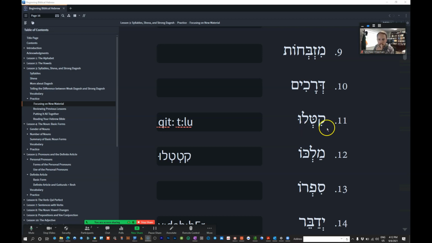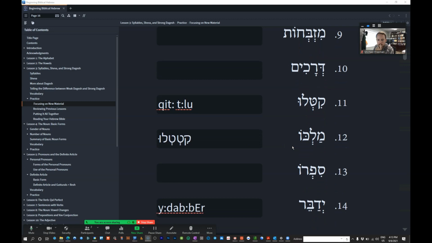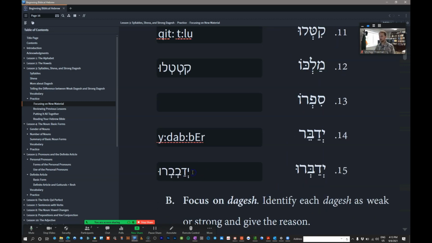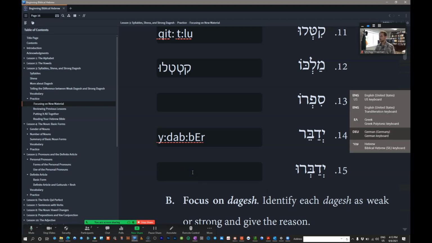The reason why this is tricky is what's actually going on here with the doubling Dagesh is you are doubling the consonant letter. I don't want you to think that you're doubling the vowel. I know that when I write this out here, it looks like I've doubled the cheval. But let's look at another example down here. I'm going to actually write this out in Hebrew because I think it might be more helpful.